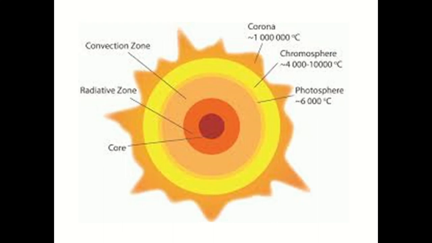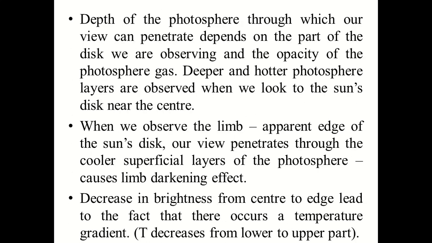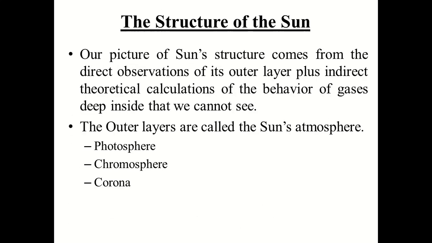So during the course of our discussion, we will try to focus on the atmosphere of the sun, or the outer layers of the sun. The outer layers of the sun are called the sun's atmosphere.